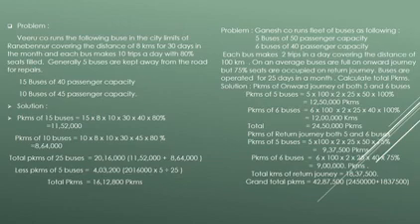In the same way, we have to calculate passenger kilometers of both types of buses, that is 5 buses and 6 buses for return journey.